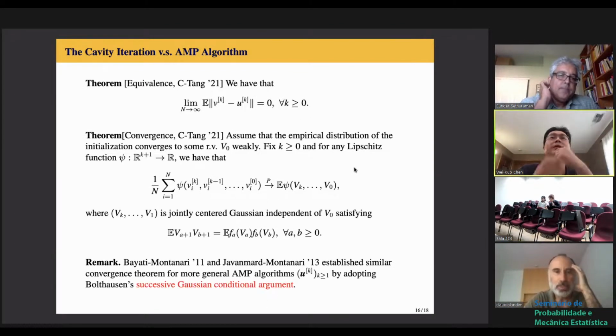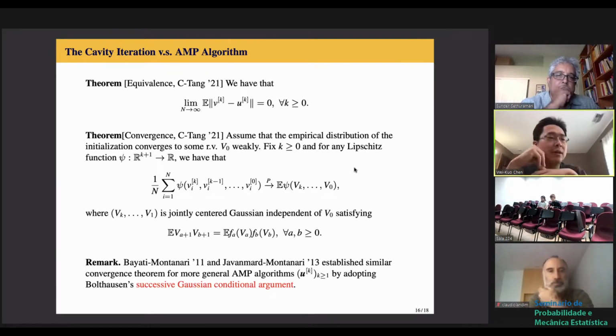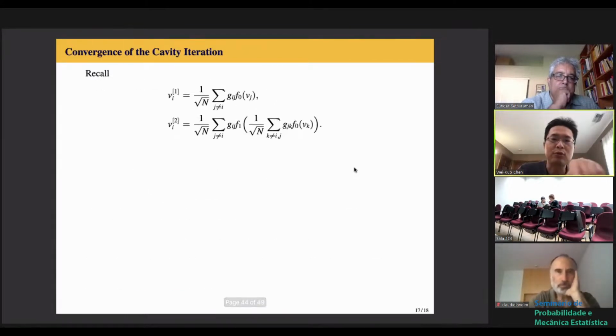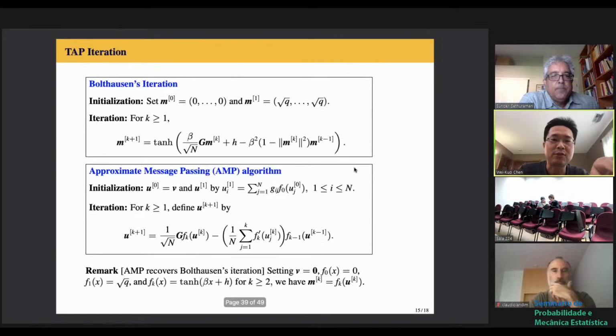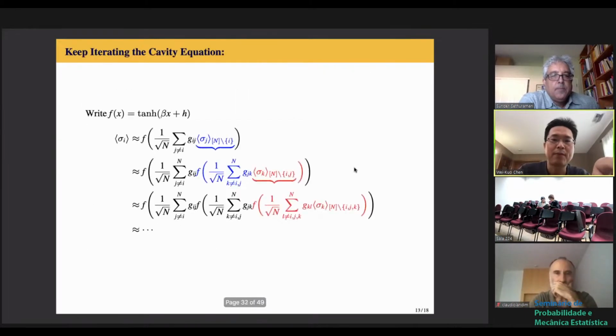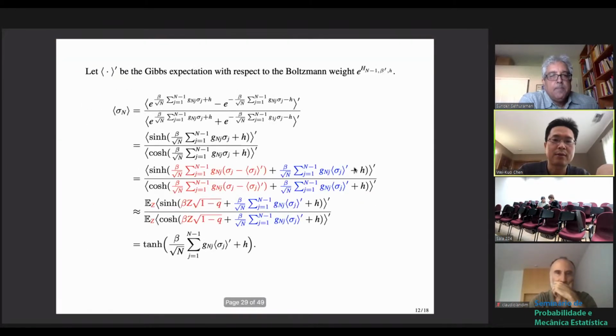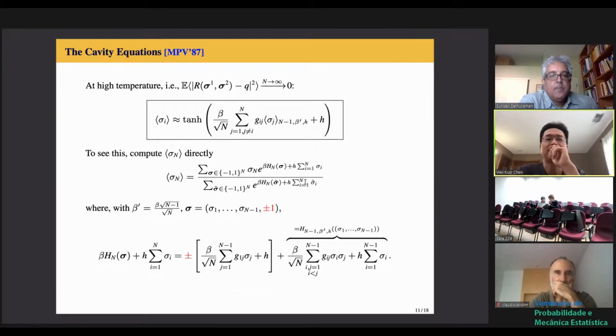Yes, there are many universality properties in this model indeed. If you want to derive the cavity equation, like the one we saw over here, I think that would still be fine.